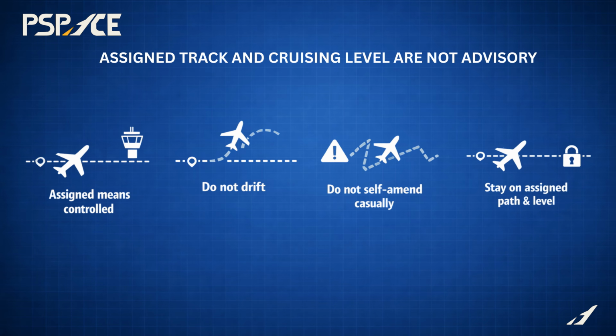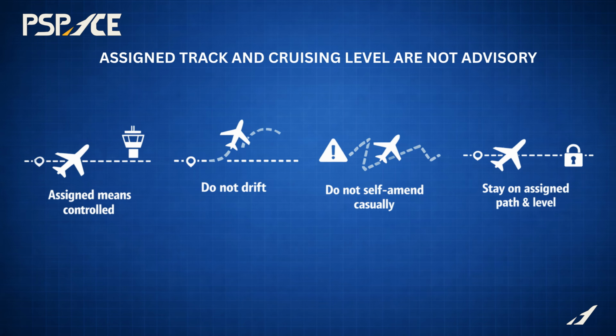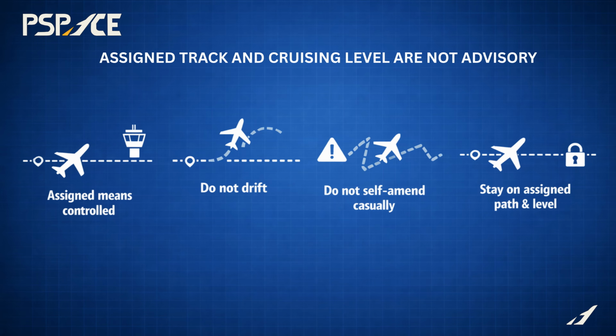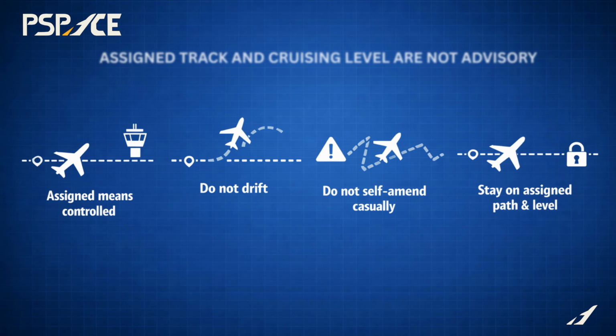Even where the crew may have a valid reason to want a different track or level, the starting point is that the aircraft remains within the ATS clearance structure unless and until that structure is amended or unless safety requires otherwise. Operationally, this prevents uncontrolled variation in aircraft behavior from eroding the predictability on which controlled airspace separation depends.